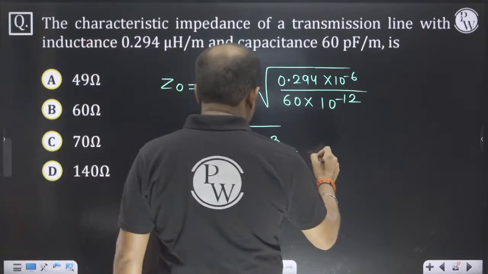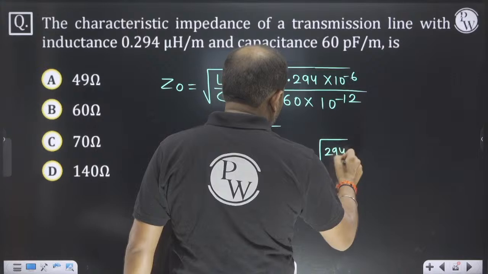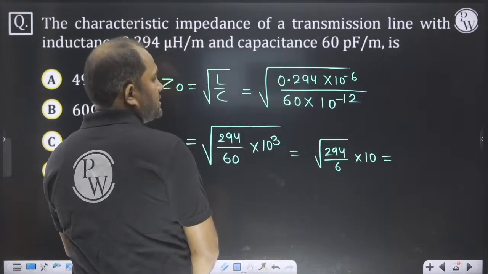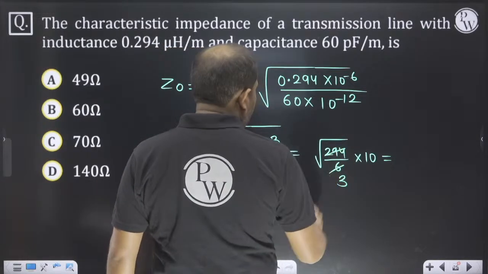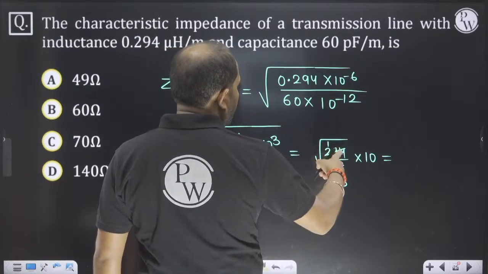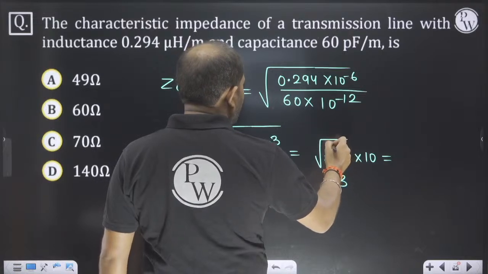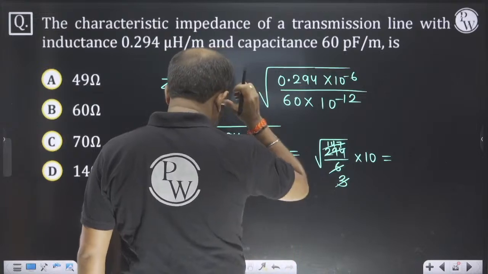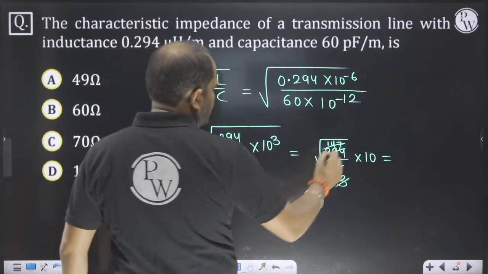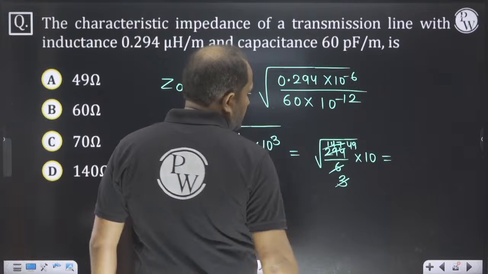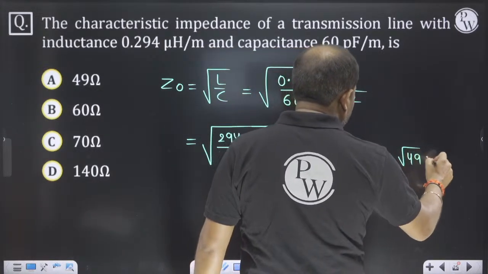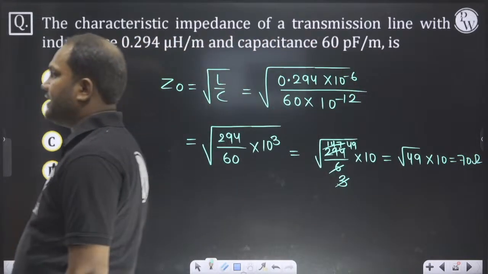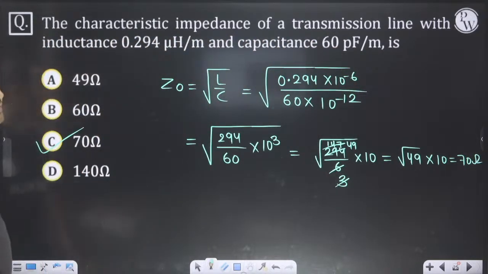Then 294 divided by 6 gives 49. So our answer is 49 into 10, that means 70 ohm. That means our answer will be C.